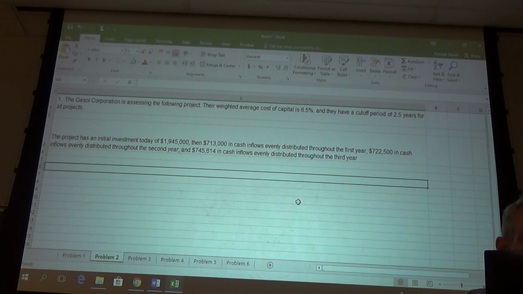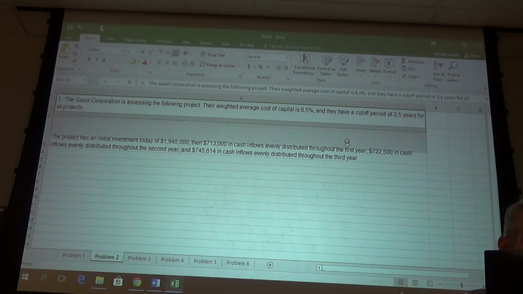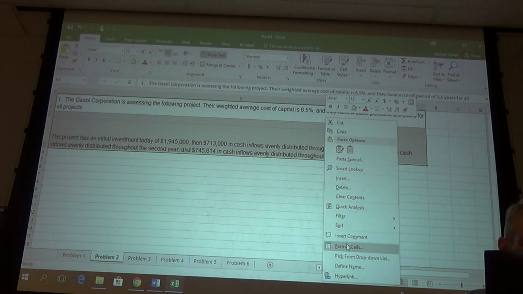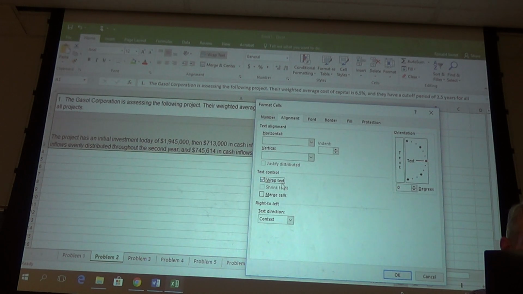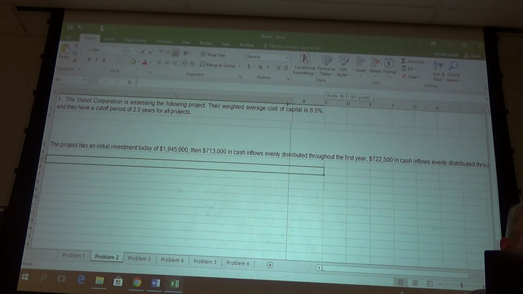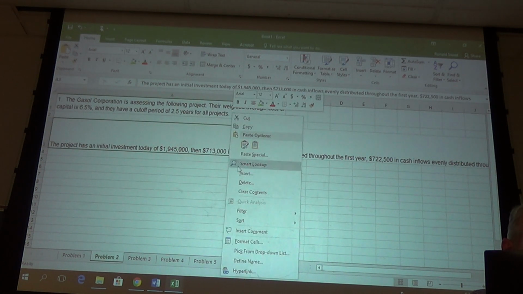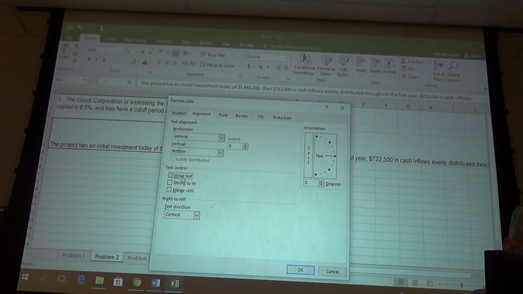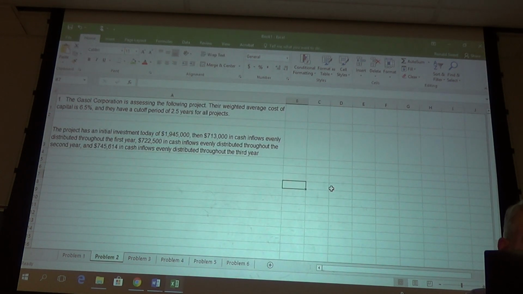All right, so here's what we have. I'm going to unwrap the text, actually. Oh, actually, I do want to wrap it, sorry. All right, so here, very, very similar.